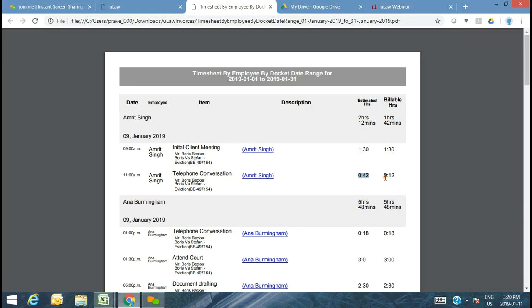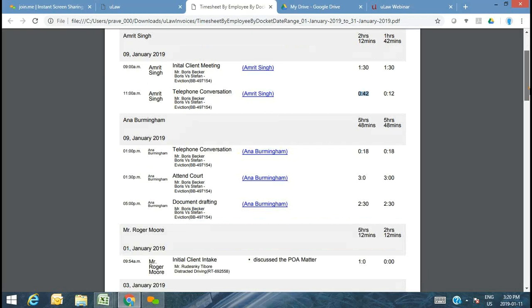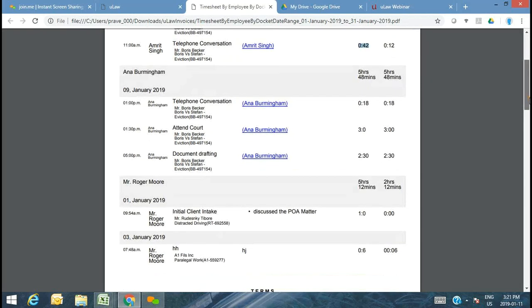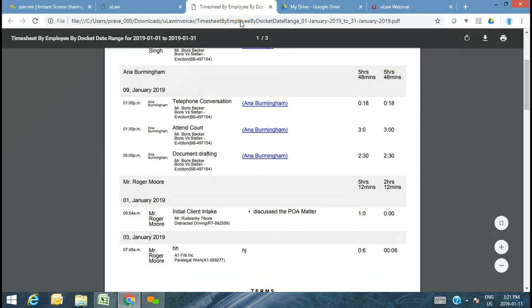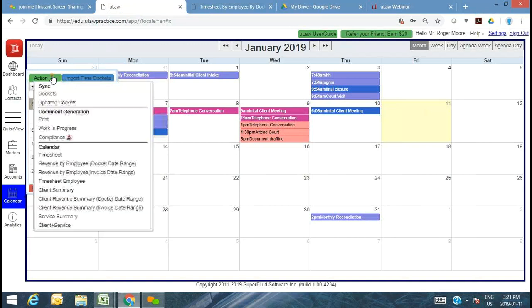So we went back to talking about being able to measure that. So if you didn't have a mechanism to track and measure it, you wouldn't be able to reflect upon it. So here's a quick reflection. That was 30 minutes given away by Amrit Singh. It was not billed, rather. Okay? So this is truly an example of a timesheet and the different components that you can generate out of that timesheet.